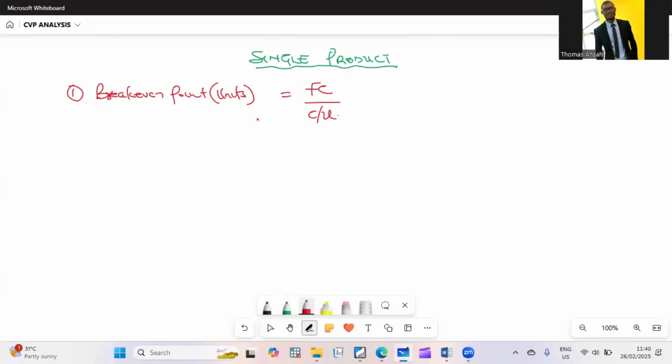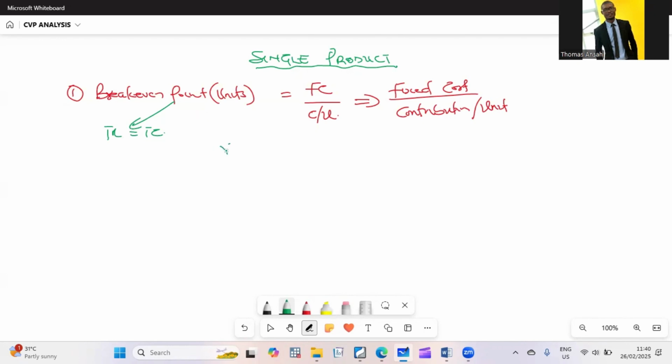If you want me to open it up, you can write fixed cost over contribution per unit. Now, what is the break-even? We said that break-even is a situation whereby you have revenue equating your cost. So your total revenue is equal to your total cost. Therefore, there is no profit. So you pick up your fixed cost and you divide it by the contribution. And this is in units.